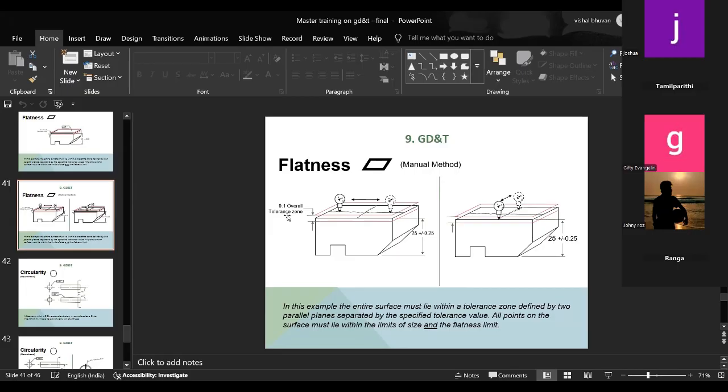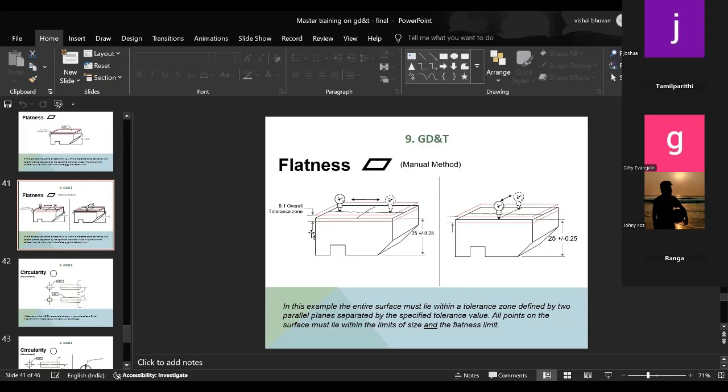What is the difference between straightness and flatness? In straightness, the dial will travel in only one linear direction. In flatness, we're going to travel in two linear directions. So in straightness, one linear axis of waviness will be covered.